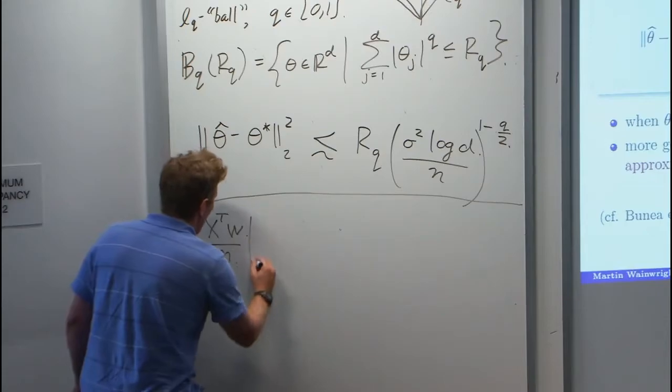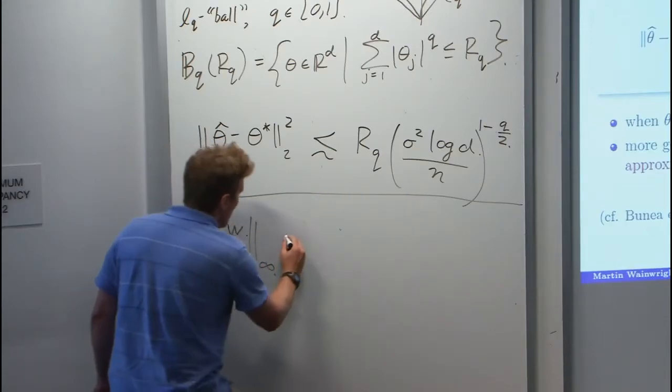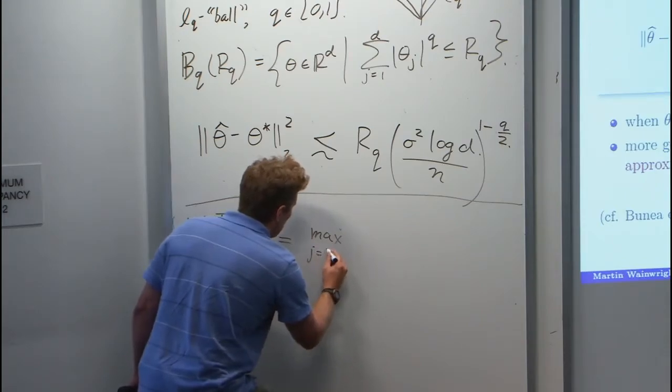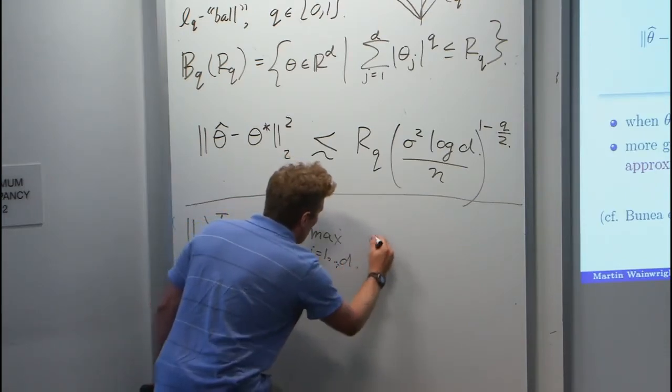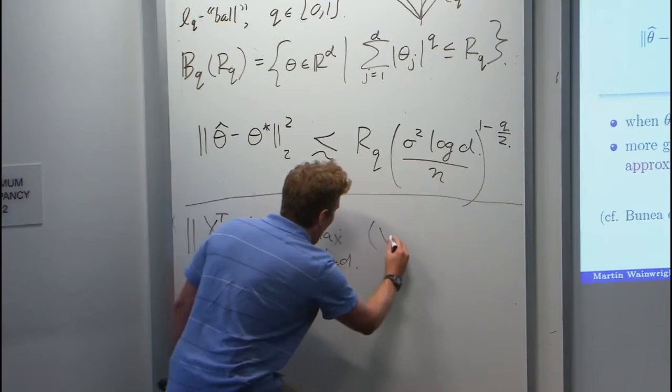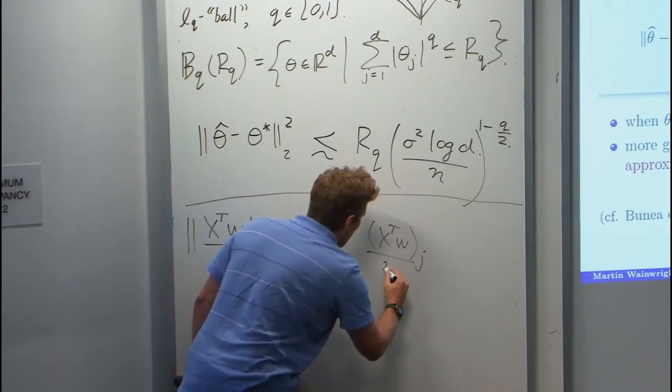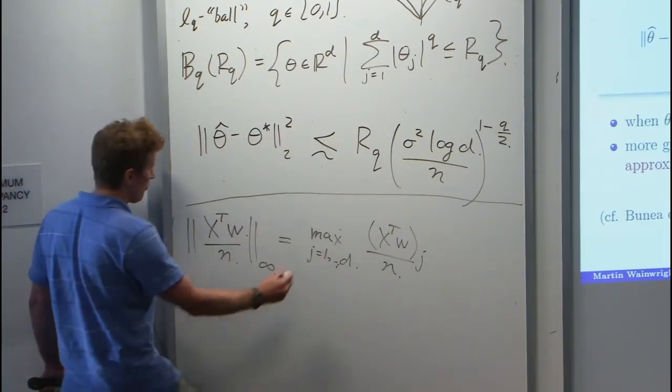Right, I need to worry about this random variable. What is this random variable? It's a maximum of j different random variables of this form, absolute value.